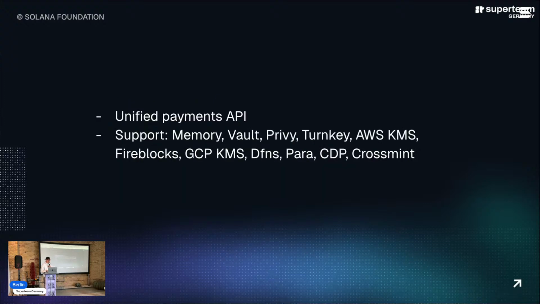What you can do now is you can use an in-memory key pair, you can use a vault, Privy, Turnkey, AWS KMS, Fireblocks, Google KMS, DFNS, Para, CDP, Crossmint. So all these different signing methods you can now have in one unified payment API.